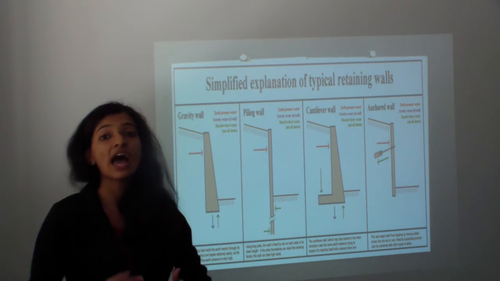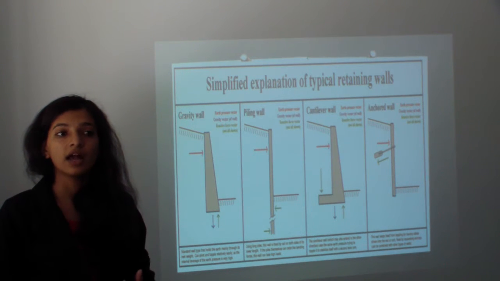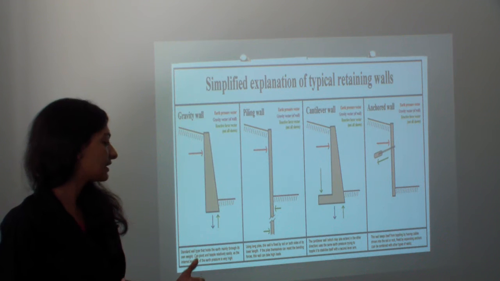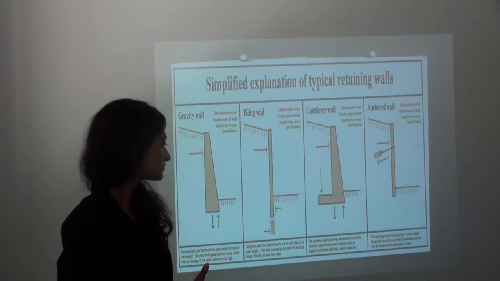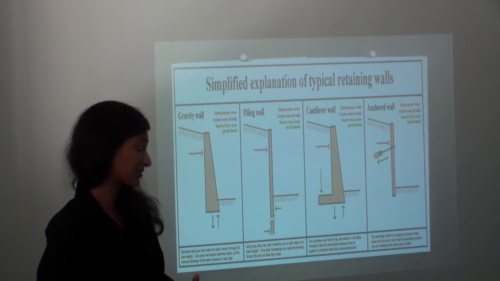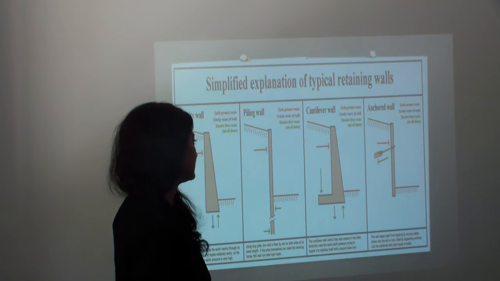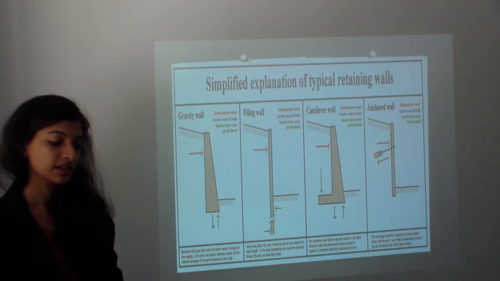And the cantilever has the lever arm to support the wall, and it also can withstand some of the pressures, and it will stabilize the earth pressure on the wall. And the anchor wall is fixed by expanding anchors.